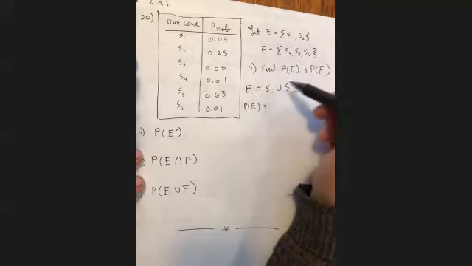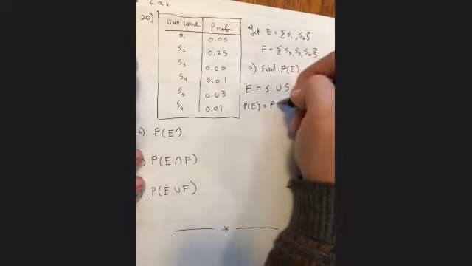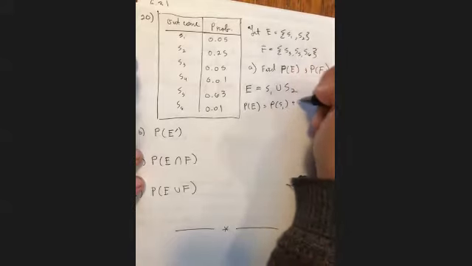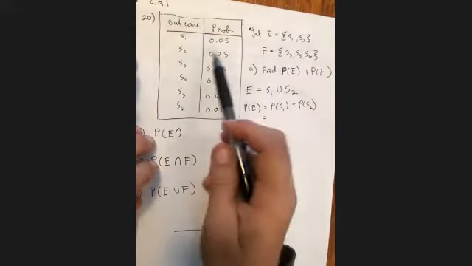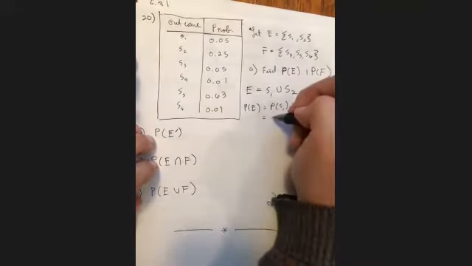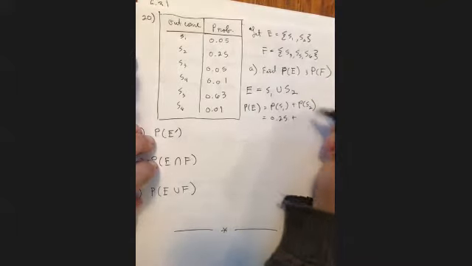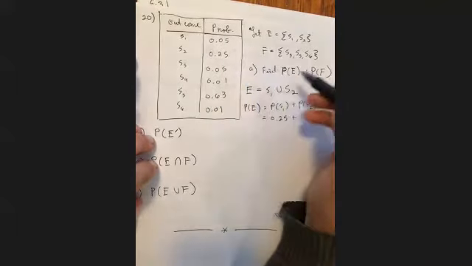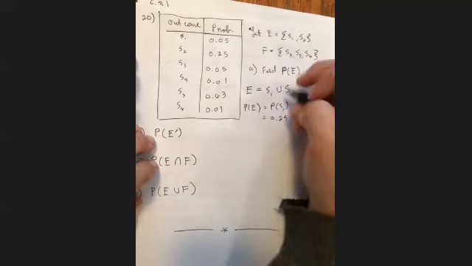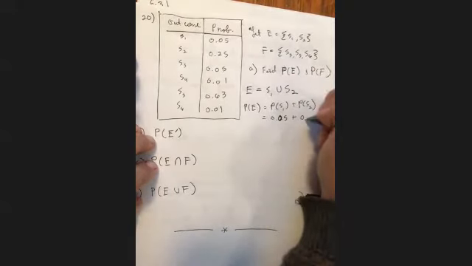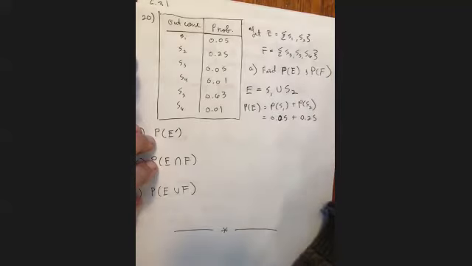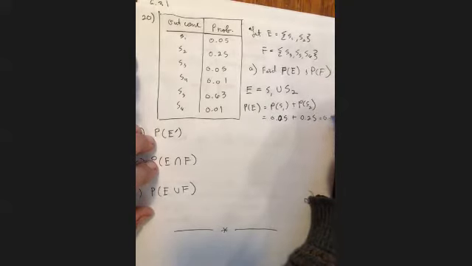So the probability of E is the probability of S1 union S2, which is just the probability of S1 plus the probability of S2. And this we read off our probability distribution. So that's 0.05 for S1 and 0.25 for S2. And so those sum to 0.30.